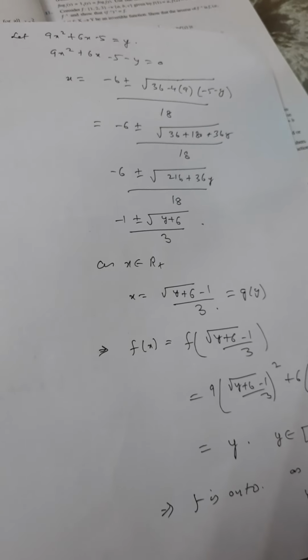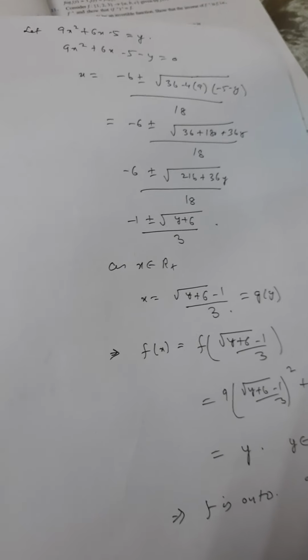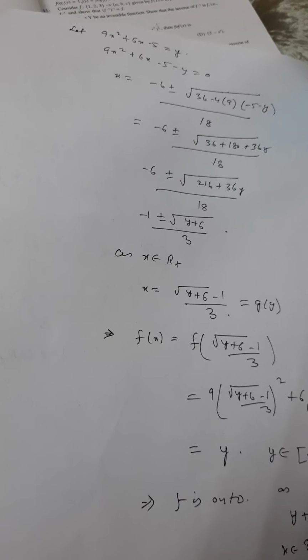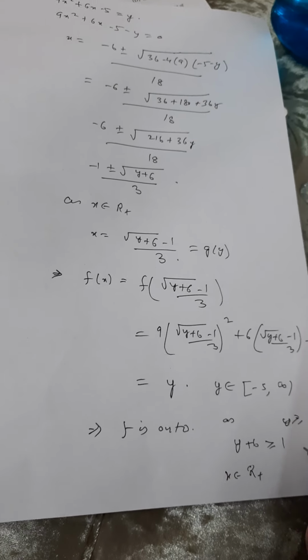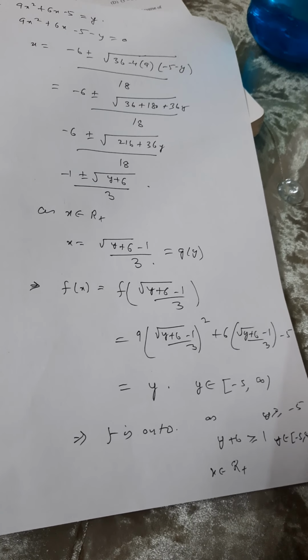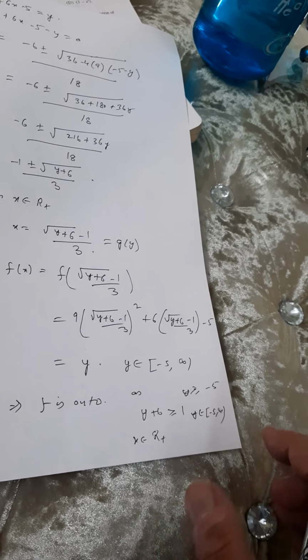Greater than or equal to 1, so that x becomes in R plus. Now this is greater than, which means y is greater than or equal to minus 5. So y belongs to minus 5 to infinity. So actually this also you have to add to get this onto.